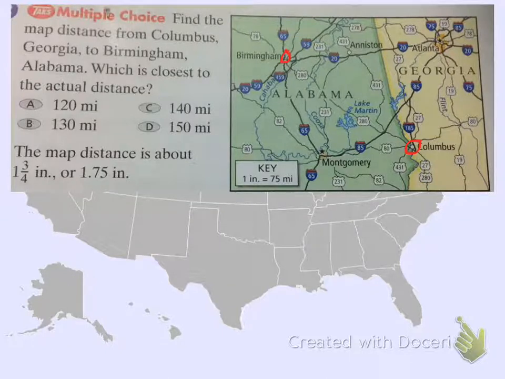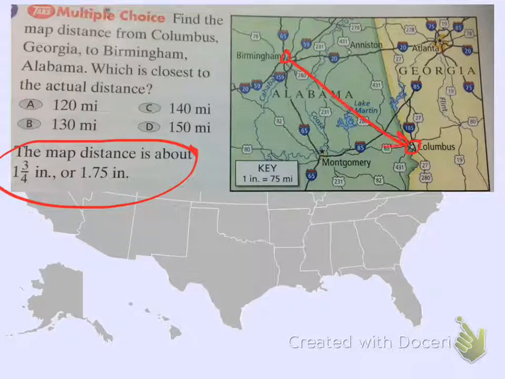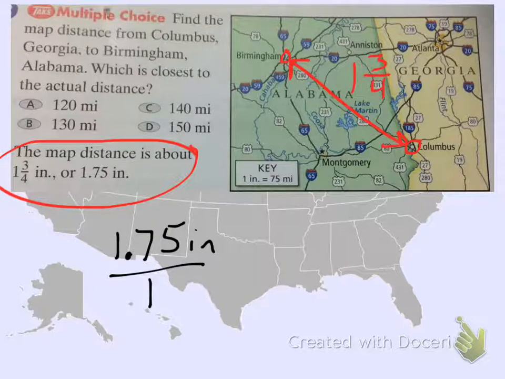So it says 1 inch is 75 miles. Right here it tells us that from here to here is 1 3/4 inches, or 1.75 inches. So if that's the case, here I have 1.75 inches, and I want to convert it to miles.